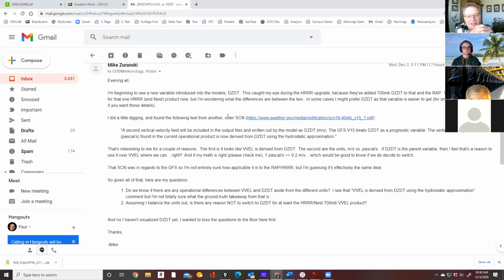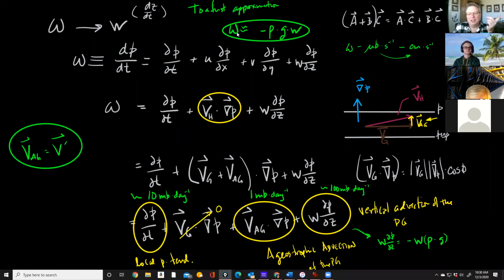The vertical velocity in pascals per second, found in the current operational, is now derived from dz/dt using the hydrostatic approximation. Well, isn't that what we've just done? Mm-hmm. w is dz/dt. That's what we said. And we used the hydrostatic to get to omega.